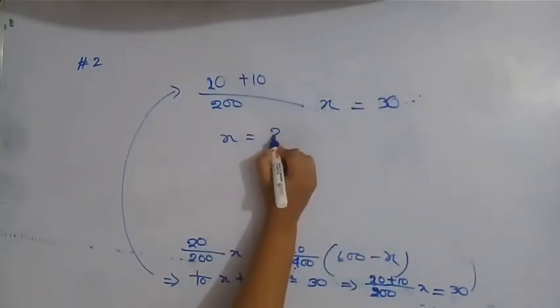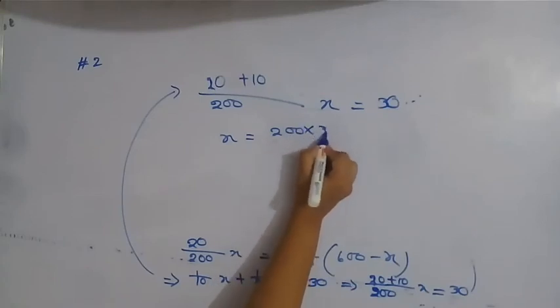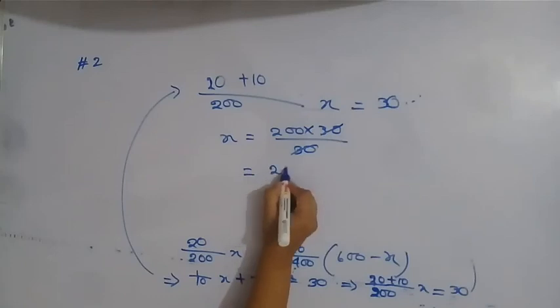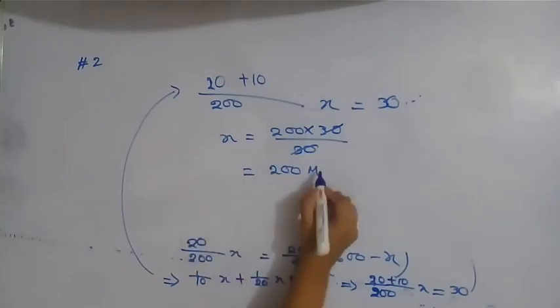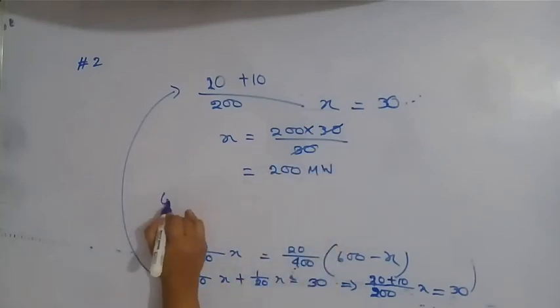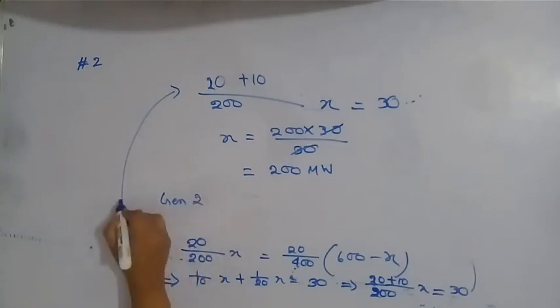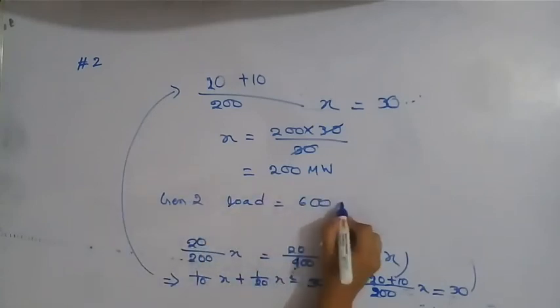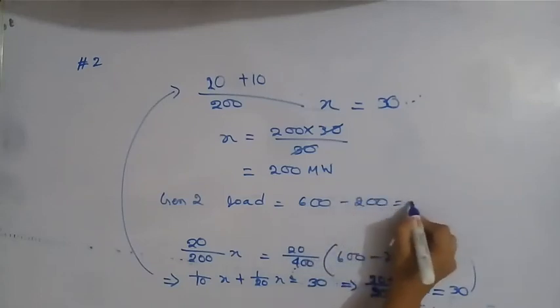So X is equal to 200 into 30 by 30. X is 200 megawatt, and generator 2 load is 600 minus 200, that is 400 megawatt.